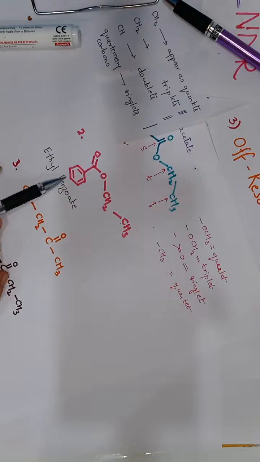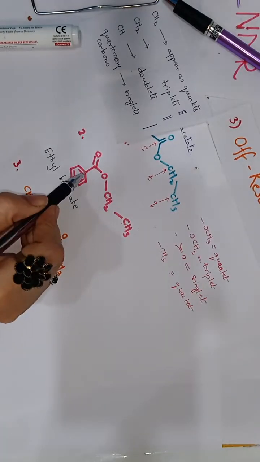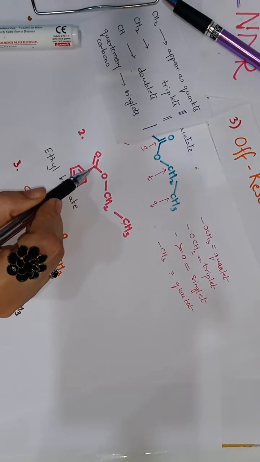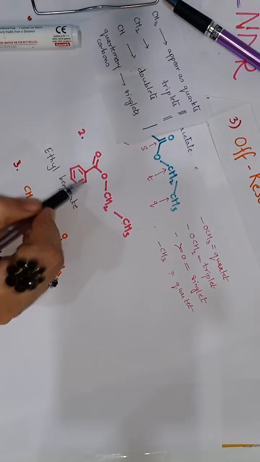But here it is not like that. The carbon attached to this is different. The carbon attached to this is different. The carbon attached to this is different. So what do we get? This carbon is attached to a single bond and this kind of bond.